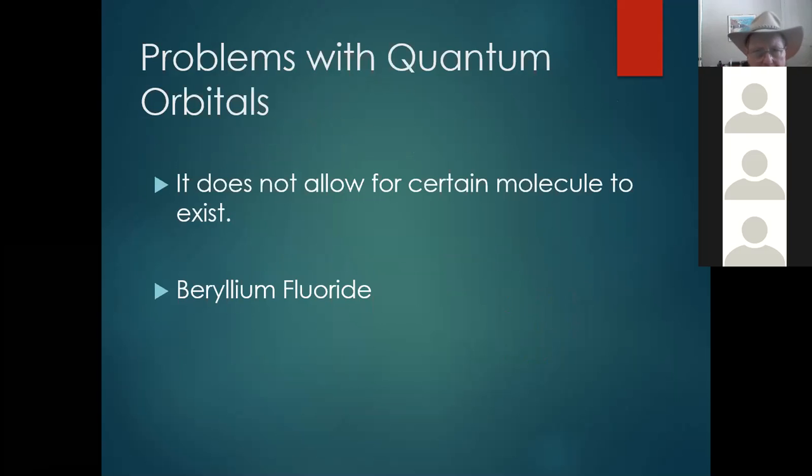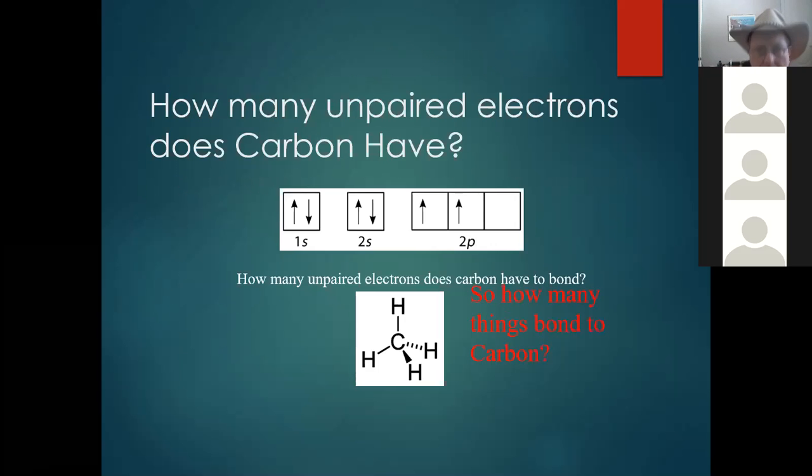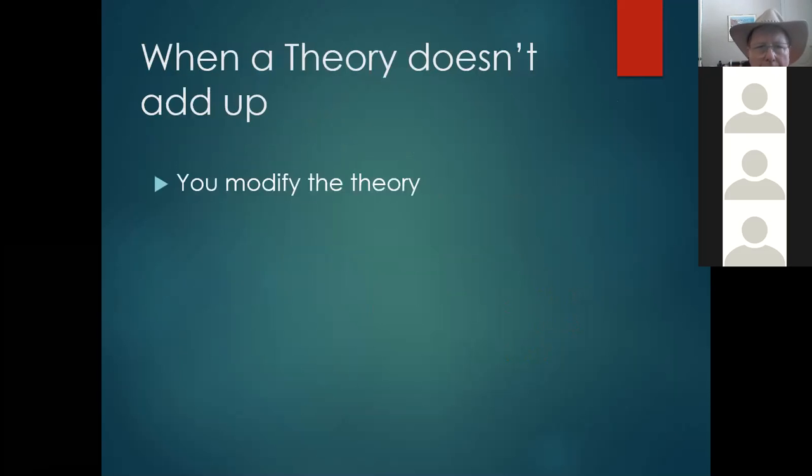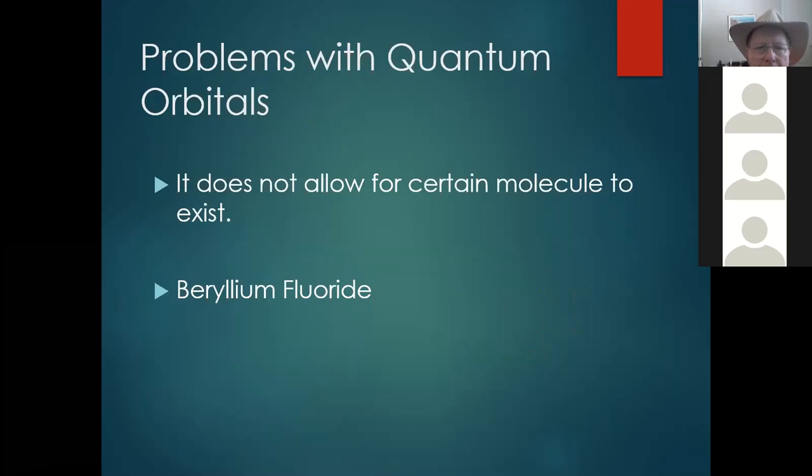Another thing, beryllium fluoride exists. It is out there. But if you look at the orbital diagram for beryllium, beryllium has a 2s orbital, so that orbital is filled. Both of those electrons are paired.